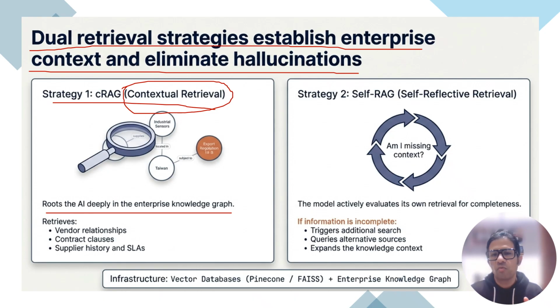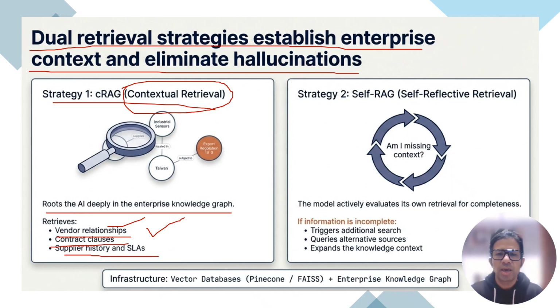Now look at what it retrieves: vendor relationships, contract clauses, supplier history, and SLAs. These three alone solve a huge problem of procurement chaos.